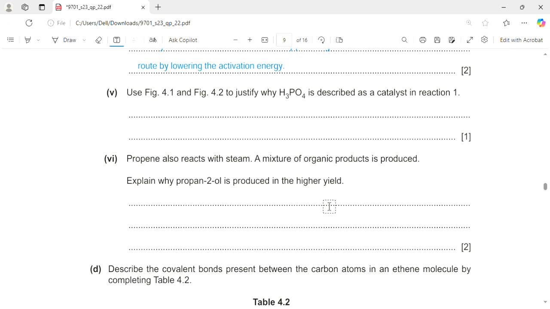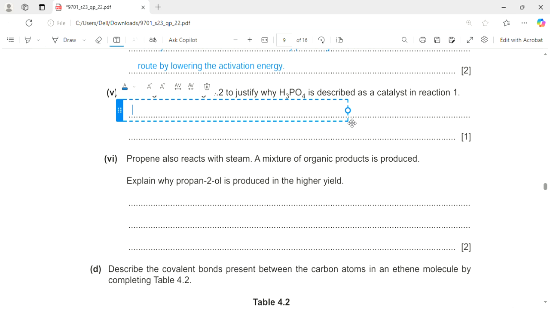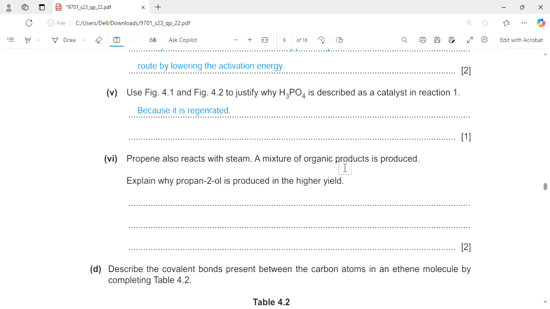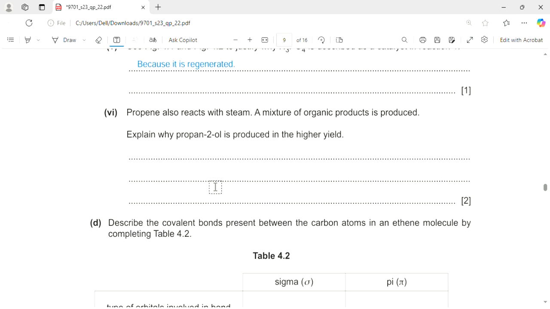It is because it is regenerated. Now move to the next part.